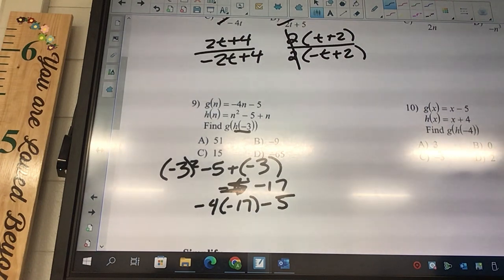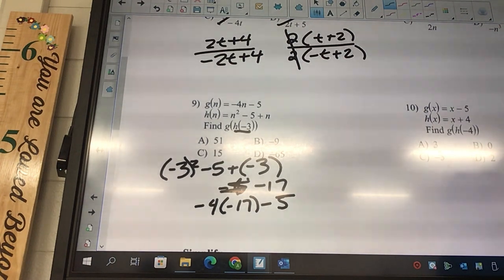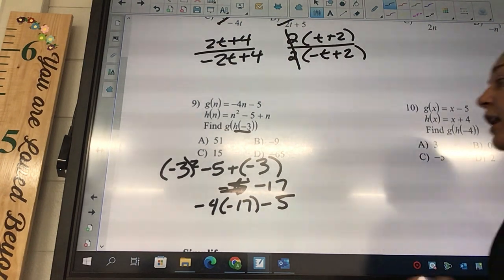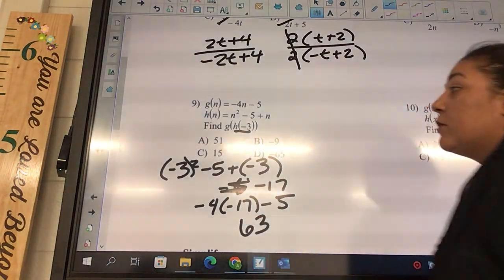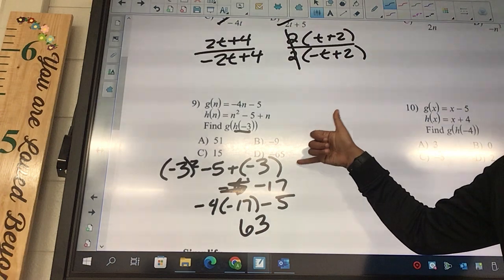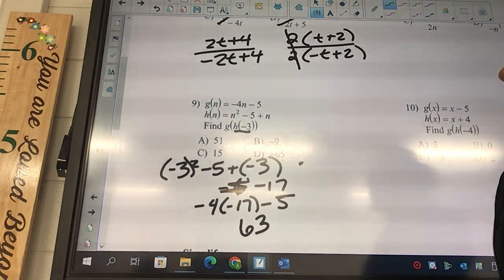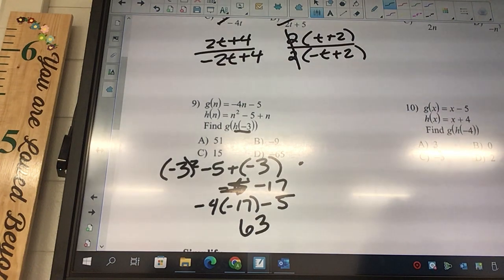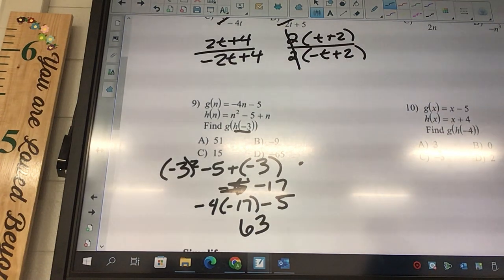Y'all better get typing. Okay, but is 63 an option on there? No, so something's not right. So it's got to be something up here, unless you guys typed it wrong. Negative 3 squared minus 5 plus negative 3, double check that, see if that is really negative 17.